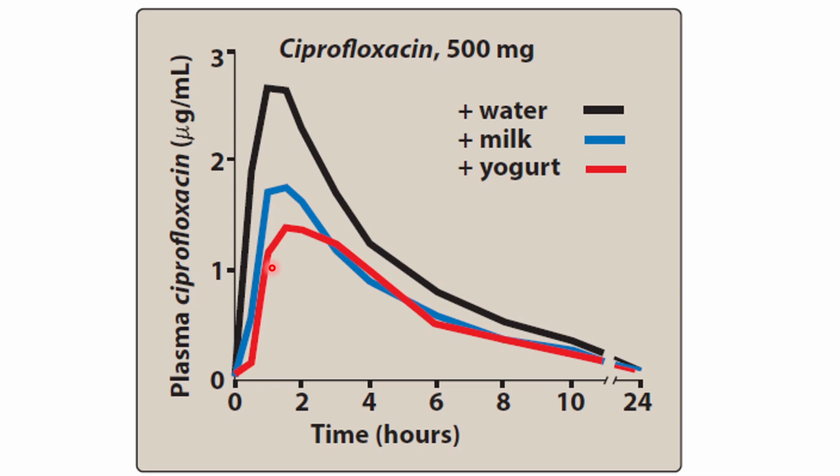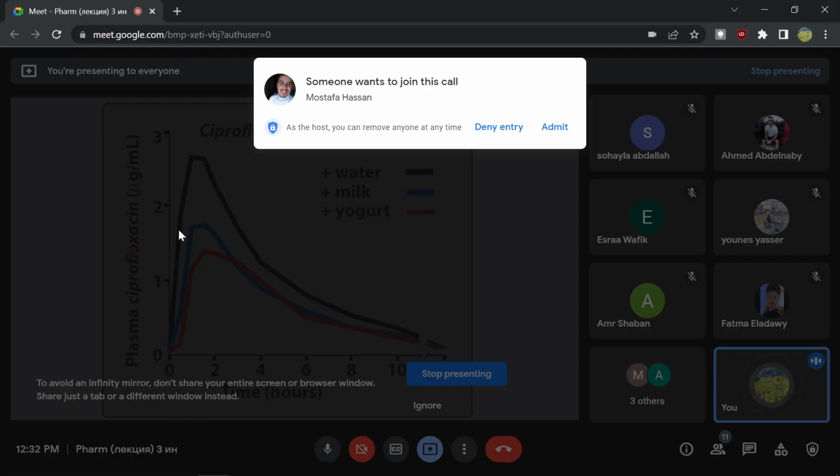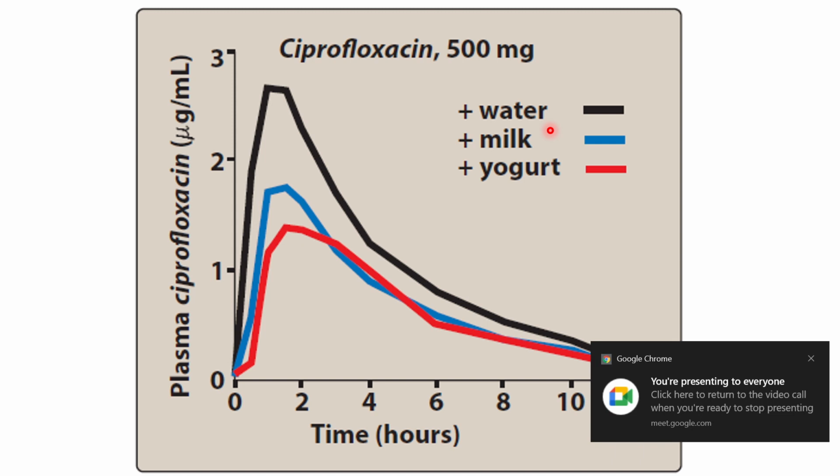To increase the bioavailability, the drugs should not be used with sucralfate, or aluminum or magnesium containing antacids. Also, divalent cations like calcium and zinc can reduce absorption.